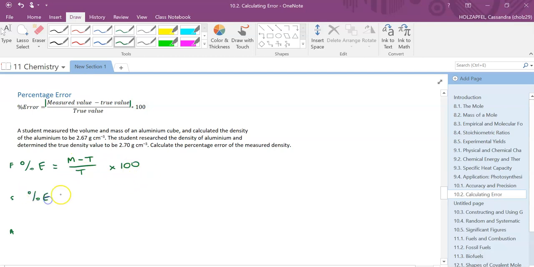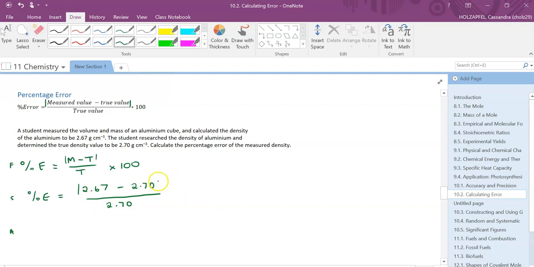So let's substitute in the values we know. We know that they measured the density to be 2.67 grams per cubic centimetre, and the true density value is 2.7 grams per cubic centimetre. And we'll divide that by the original value, or the value that it should be.